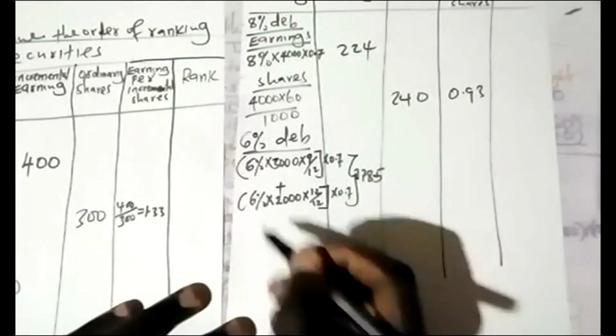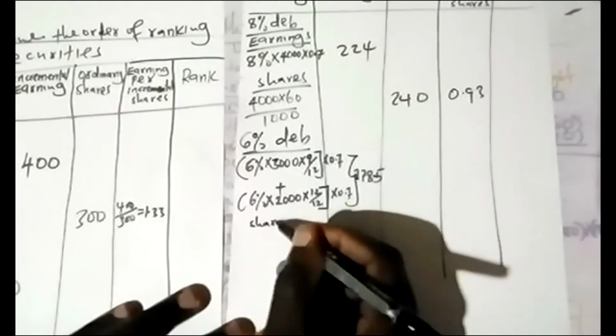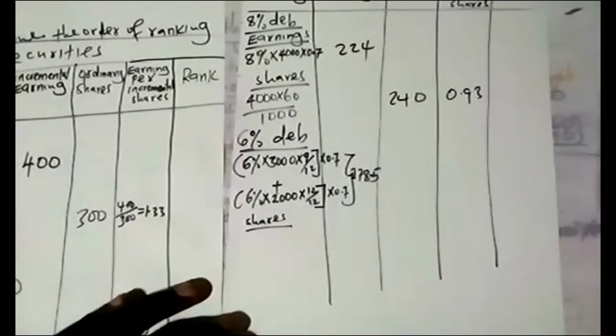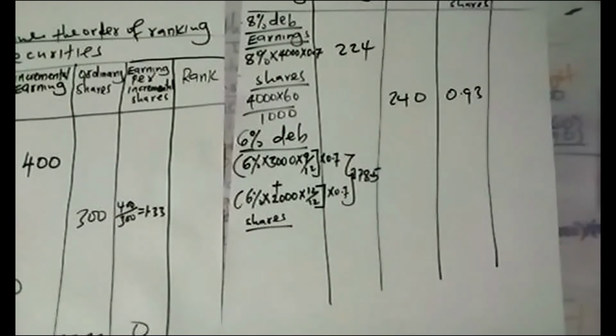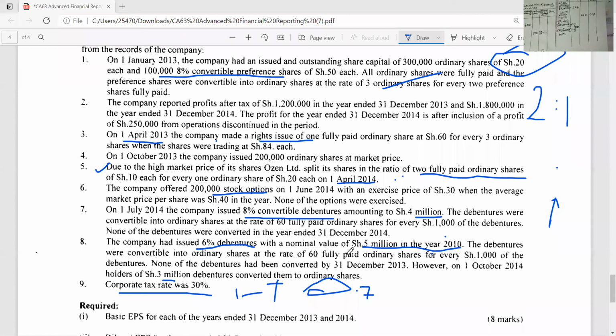So then you do the same. What about shares now? In which proportion were they converting? 60 for every 1,000. So we first consider the 3,000 and 2,000.